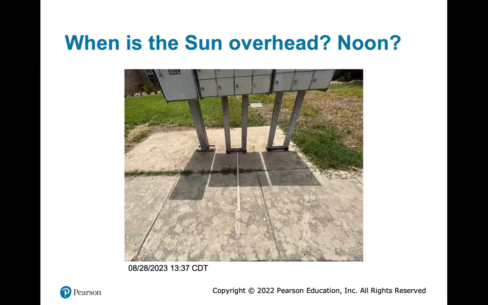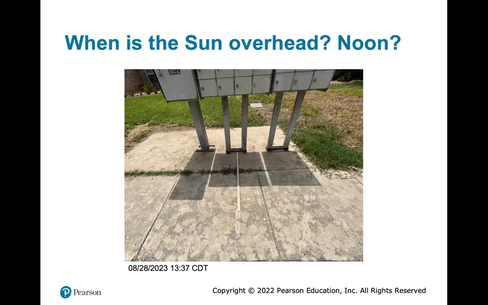So if we were on standard time, it would have been at 12:37. Well, it's not exactly noon. You have to remember we're in the middle of the time zone. So maybe it's noon over by Houston, wherever the time zone starts.